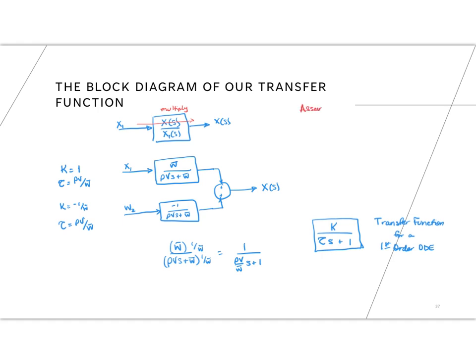If I were to assume that, say, x1 of t is u of t, a unit step function, okay, then x1 of s is going to be 1 over s. All right, and if I do that, then x of s is going to be 1 over tau s plus 1, and another s in the denominator.